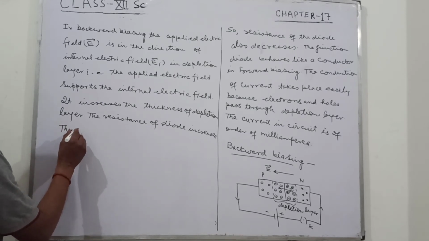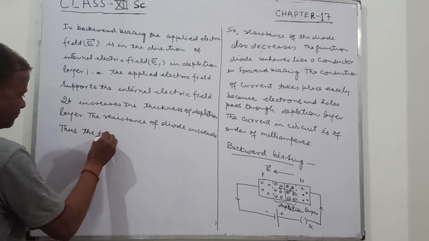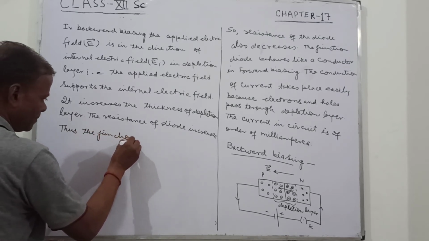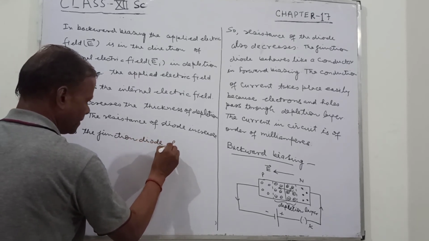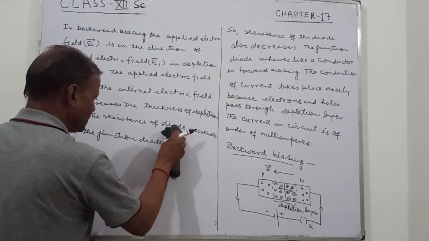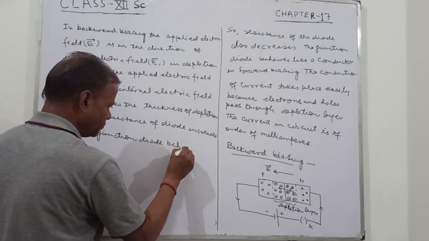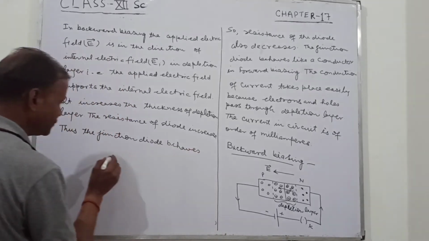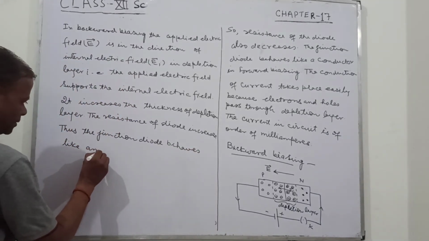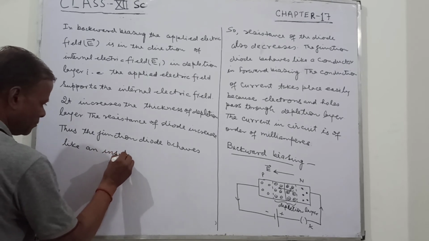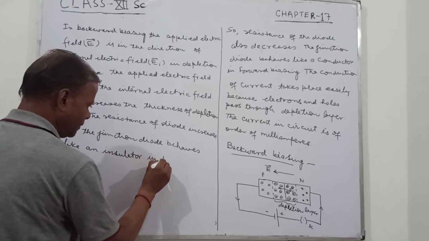Thus, the junction diode behaves like an insulator in backward biasing.